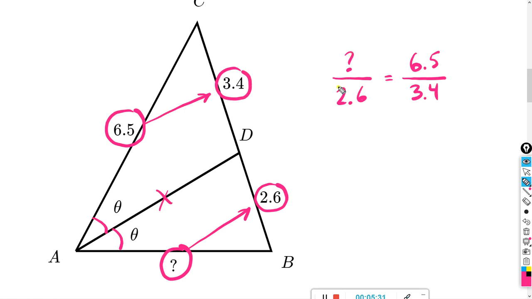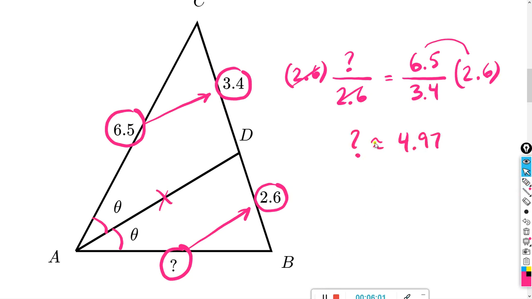The opposite of dividing by 2.6 is multiplying by 2.6. So you want to do that on both sides. And over here it cancels. And the 2.6, that's basically a numerator. So we're going to do 6.5 times 2.6 divided by 3.4.